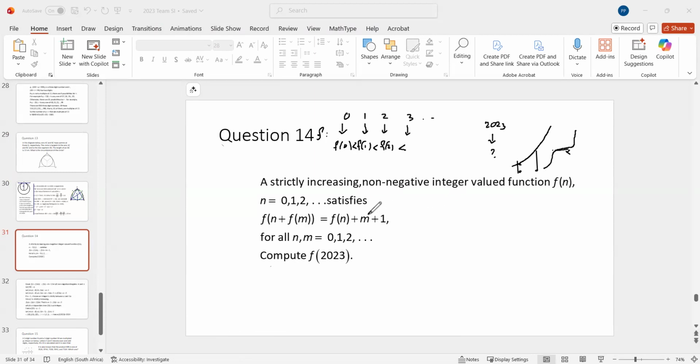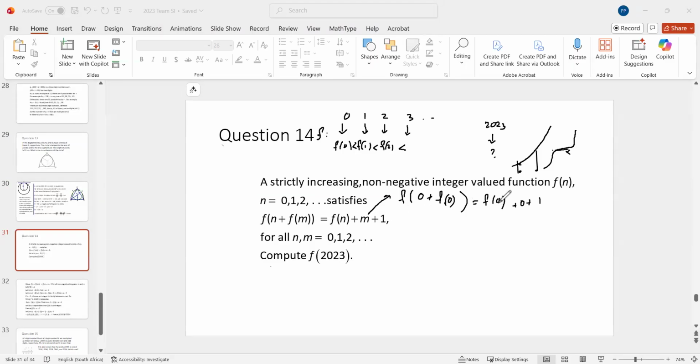If you take this and make n and m zero, let's just substitute: you get f(0 plus f(0)), which equals f(0) plus 0 plus 1. I'm putting both n and m to be 0.